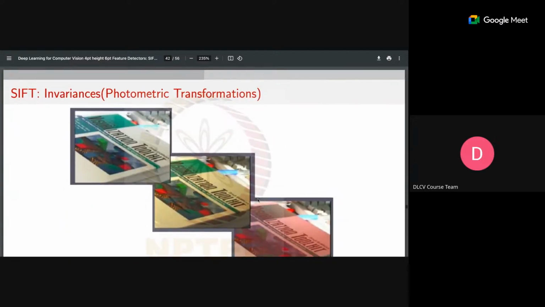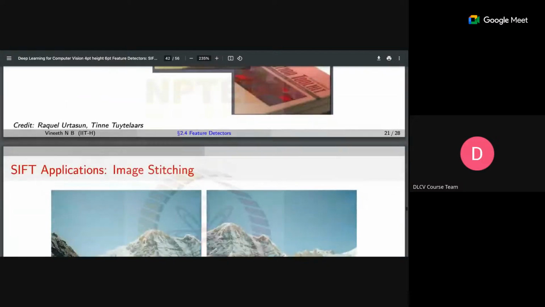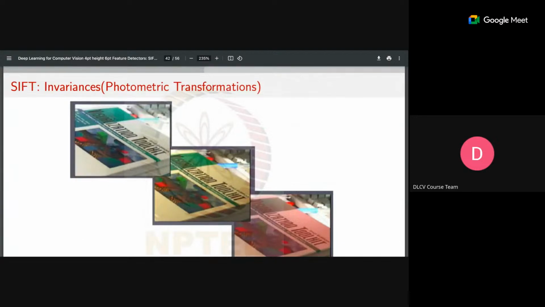Same goes for color invariance or photometric transformation, where your illumination is different. So basically, what SIFT has done is it has used the basic methods of computer vision for edge detection, contrast detection, and Gaussian filtering to get better features, which are invariant to scale, rotation, and illumination.